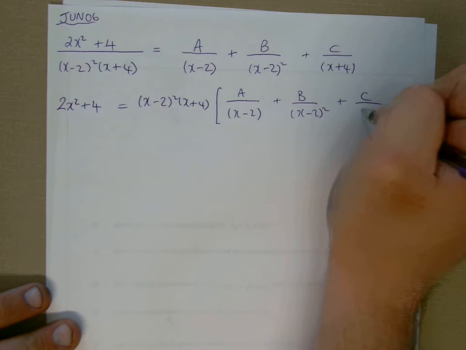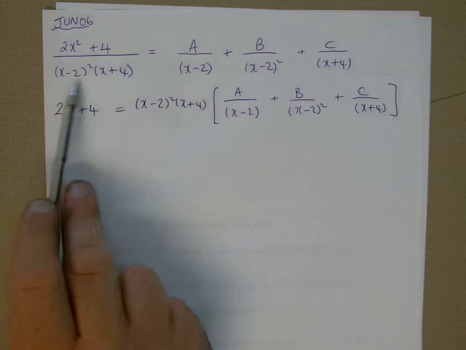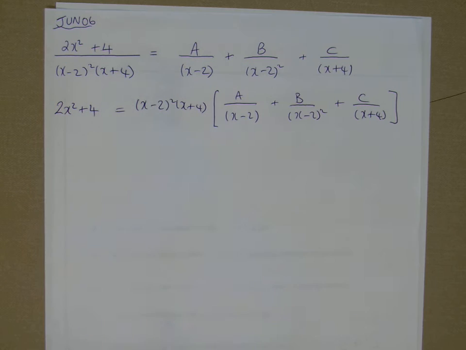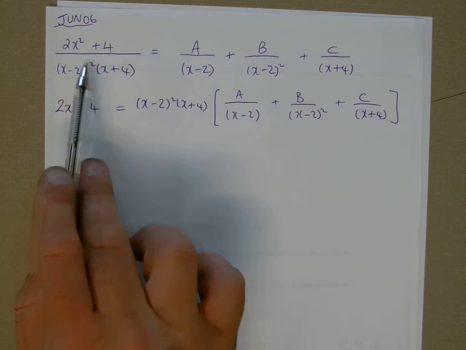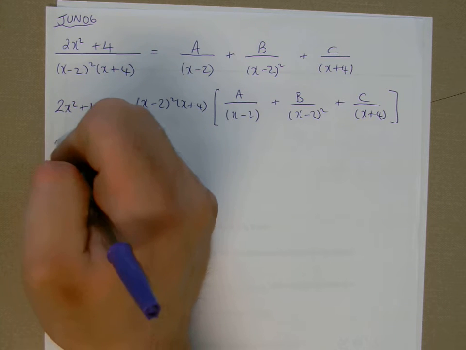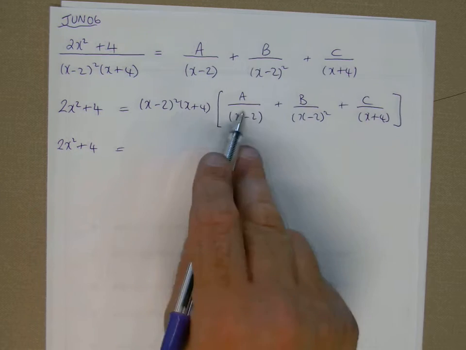I hope you can understand this approach, which is different to the way we looked at it in class. Take what's on the bottom over the other side and multiply each term by it. When you take it over, you do the opposite, times. So we've got 2x squared plus 4 over here, and then we multiply each term by this.